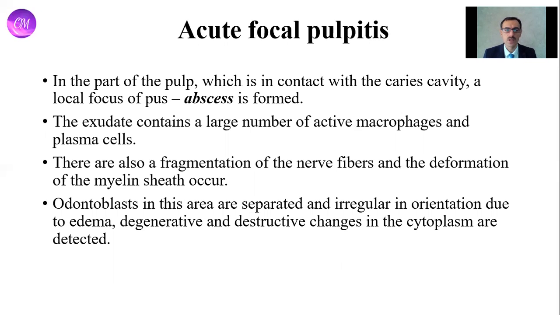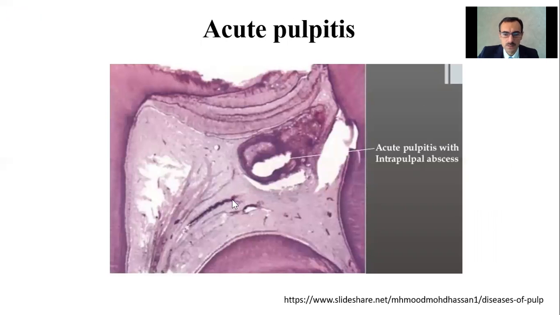Odontoblasts in this area are separated and irregular in orientation due to edema. Degenerative and destructive changes in their cytoplasm are detected. This is the figure of acute pulpitis with intrapulpal abscess formation.